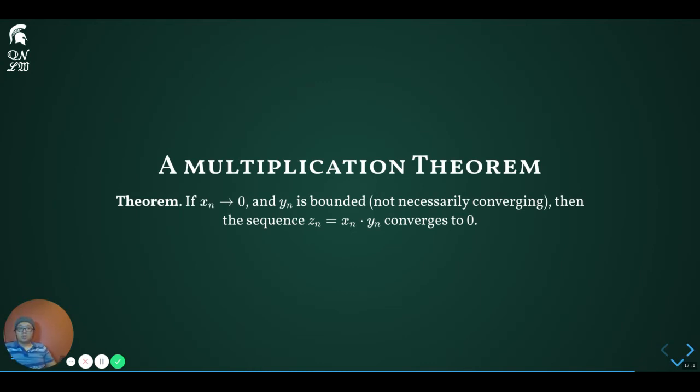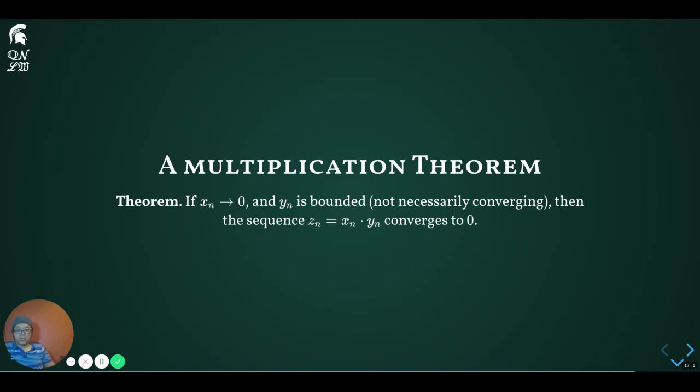The final 2 theorems we will discuss this week have to do with multiplying sequences. But this time, we will perform multiplications with one of the factors being a divergent sequence. The first theorem multiplies together, term by term, the 2 sequences x and y, with x sub n converging to 0 and y sub n possibly divergent, but bounded.